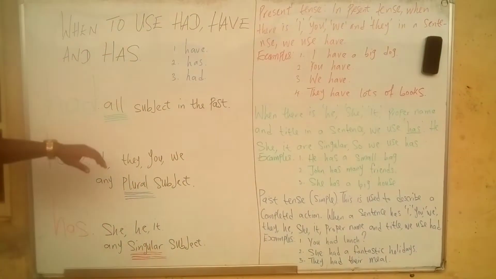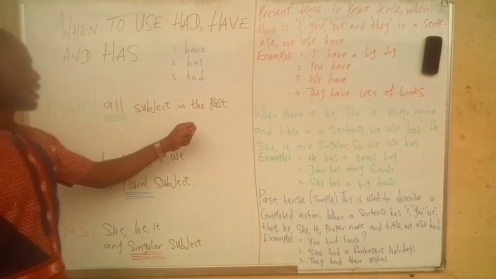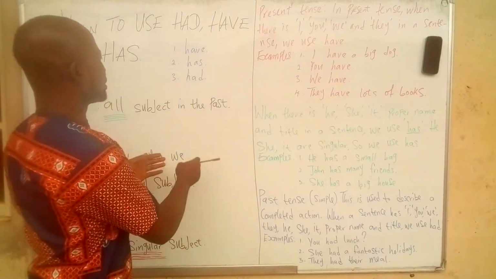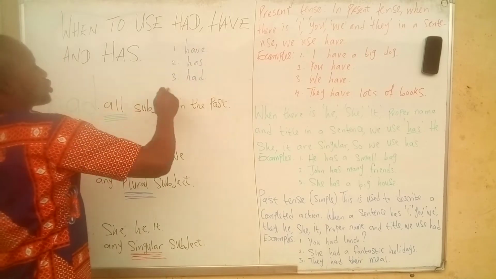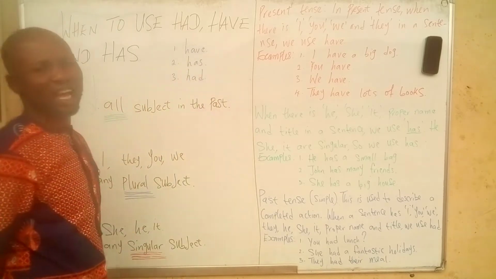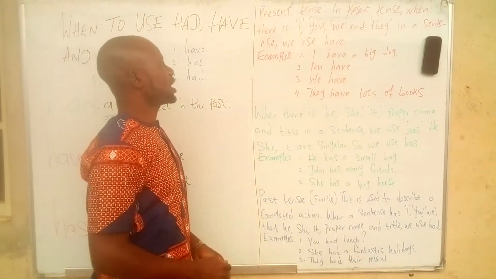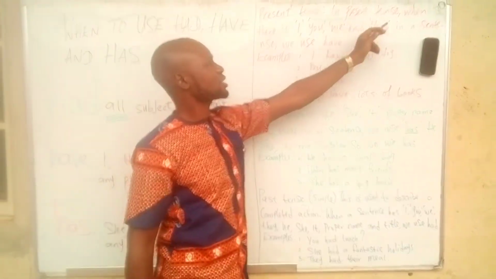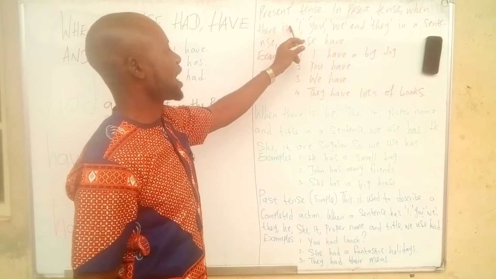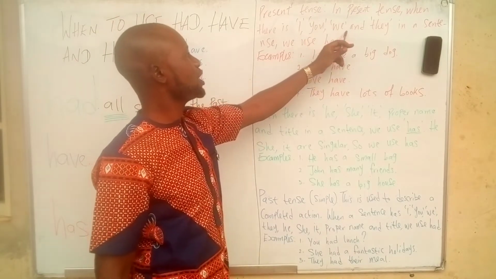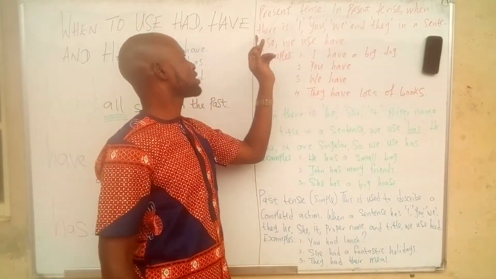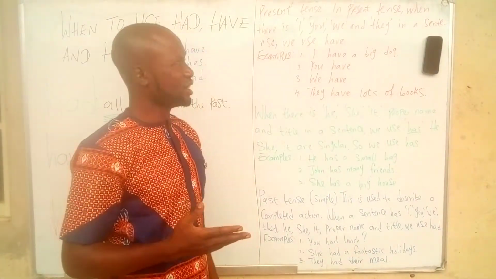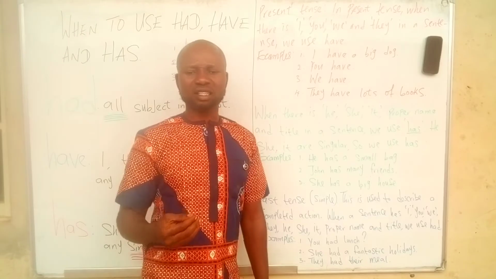This is the heart of the teaching, but I have little examples to buttress these 3 points: have, has, and had. All right, let's look at when we have present tense. In present tense, when there is I, you, we, and they in a sentence, we use have. What is present tense?